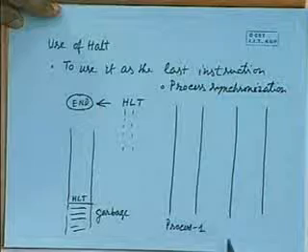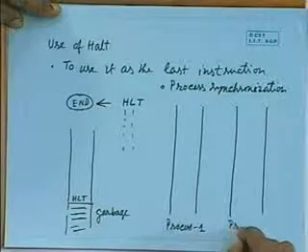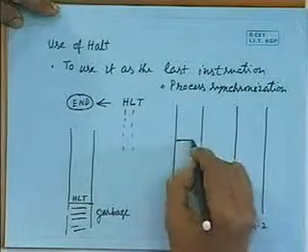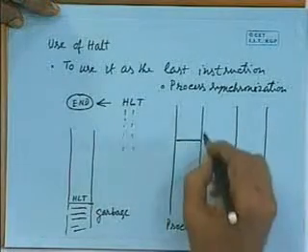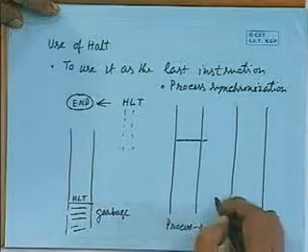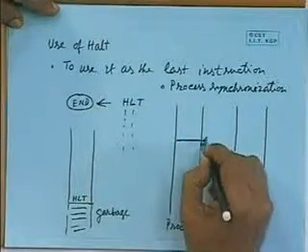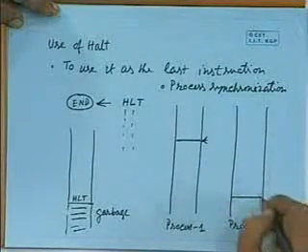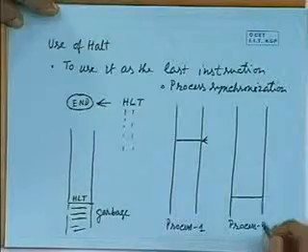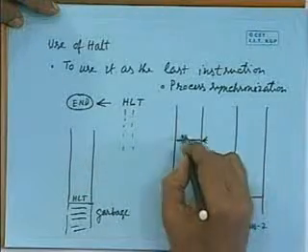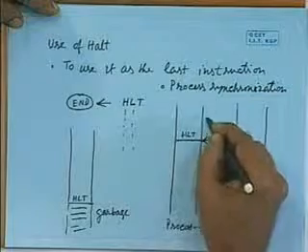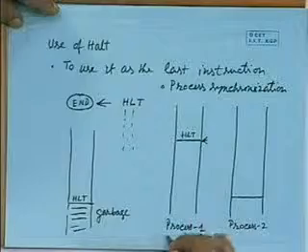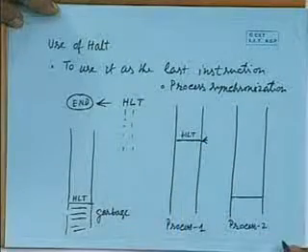Another process is being executed in another processor, so this is process 2. After a particular point is reached by process 1, you want it to be synchronized with process 2 reaching its point. What you can do is put a halt here. After execution of instructions up to this point, process 1 will stop execution.